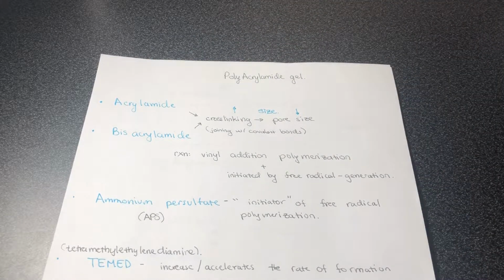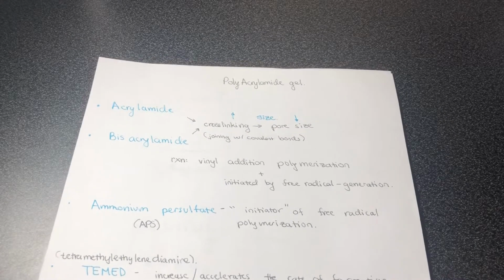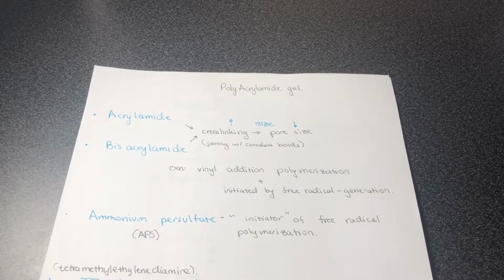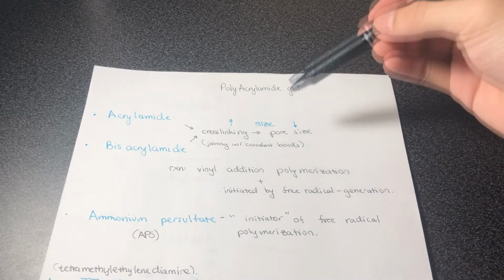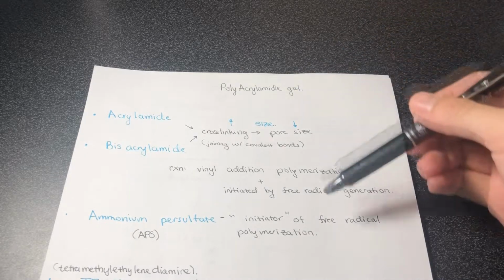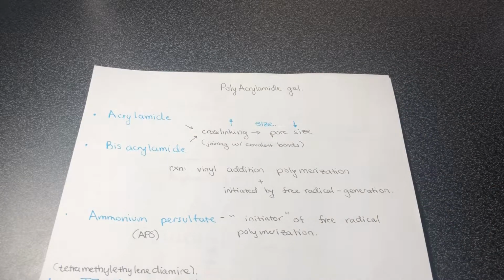Well, Kevin, they're kind of the same thing, aren't they? They're both acrylamide. Well, kind of. When you put acrylamide and bisacrylamide, the ratio matters, because with more cross-linking you're going to decrease the pore size, and that means it's going to be harder for the proteins to go through.